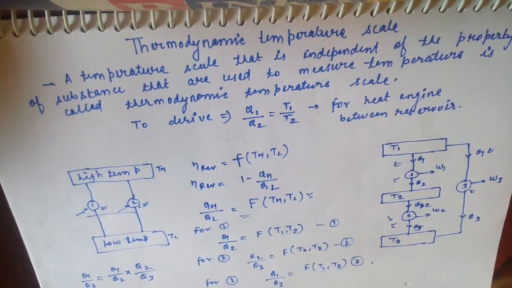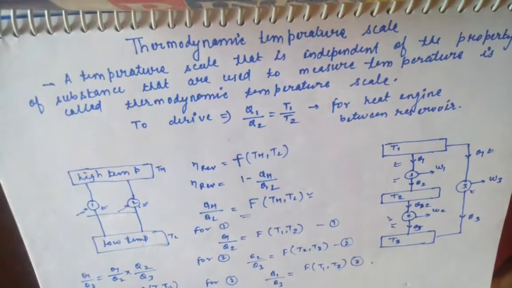Now Q1 upon Q3 is F(T1, T3), which is equal to F(T1, T2) multiplied by F(T2, T3). If we say this is equation 4, now we are using this equation for further proof.